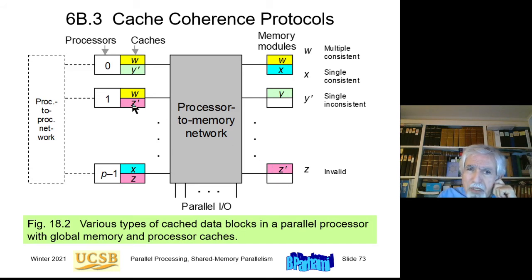In other words, this one perhaps updated Z to Z prime and also wrote it back to memory, but this one is an invalid or stale copy. This is very dangerous because if this processor uses this data, it gets a stale copy, an invalid copy, and the computation will not be correct. So we have to avoid this situation.